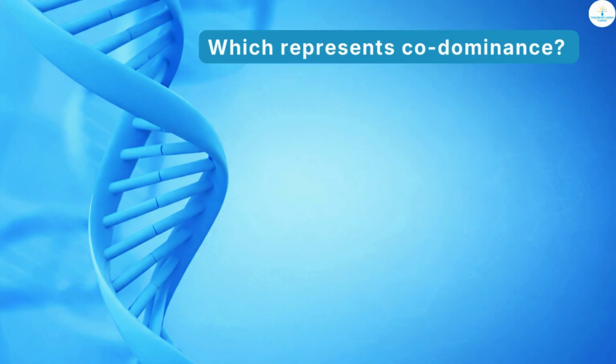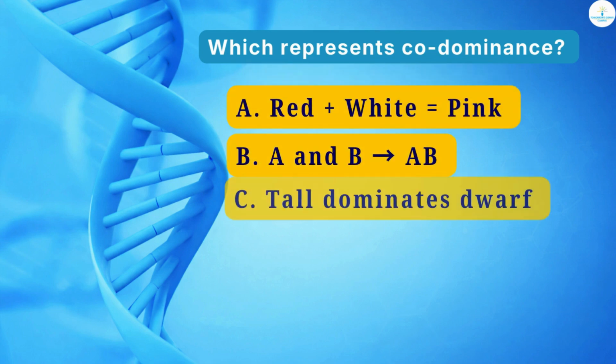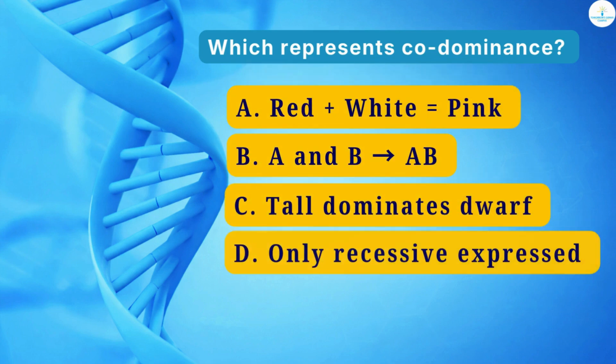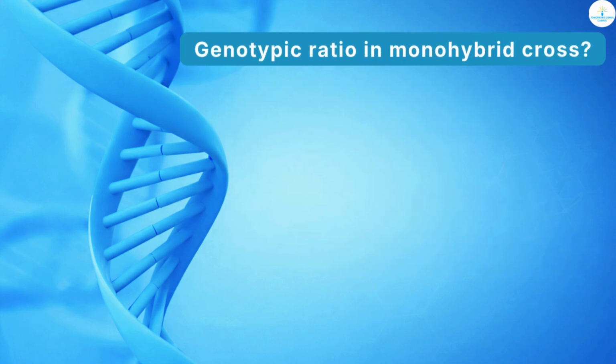Question 2. Which represents codominance? Question 3. Genotypic ratio in monohybrid cross?